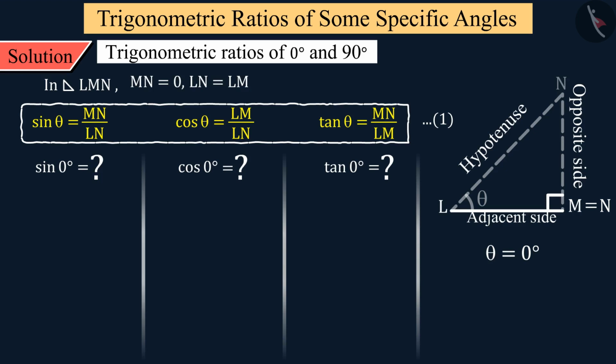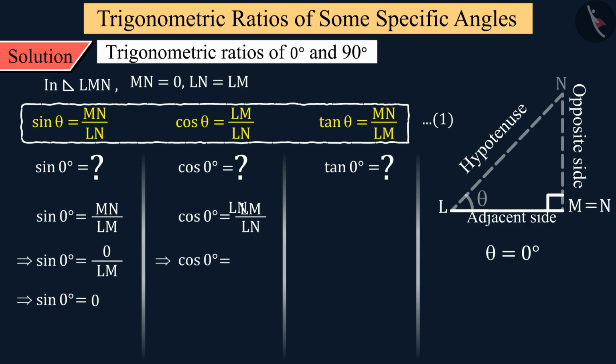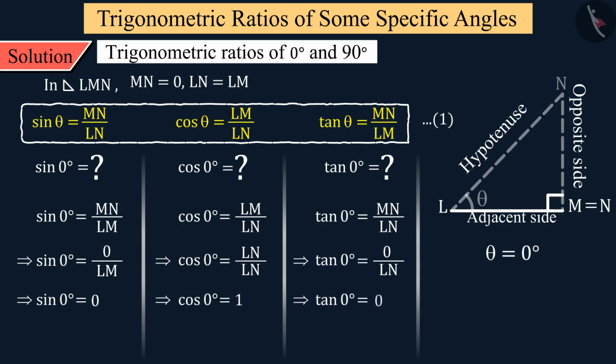So, with the help of equation 1, we can say that the values of the trigonometric ratios sine 0 degrees, cos 0 degrees and tan 0 degrees are 0, 1 and 0 respectively.